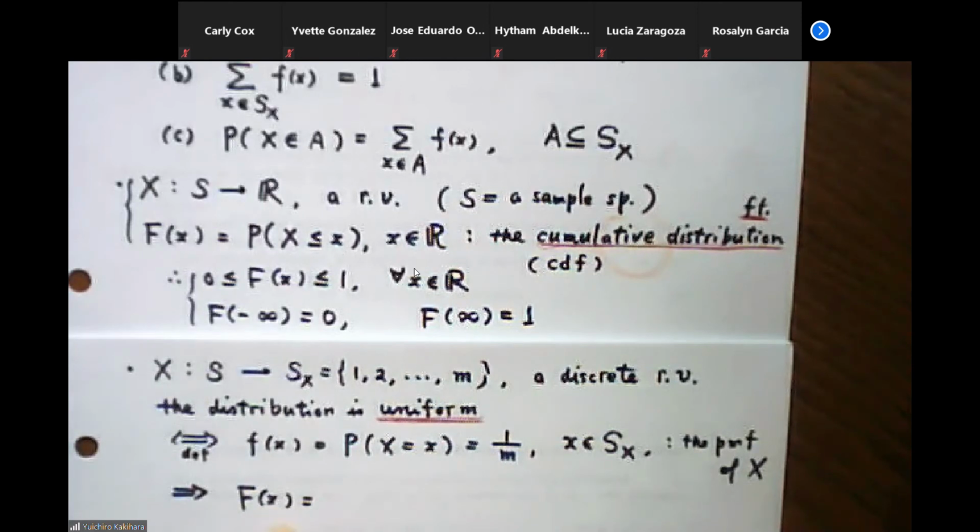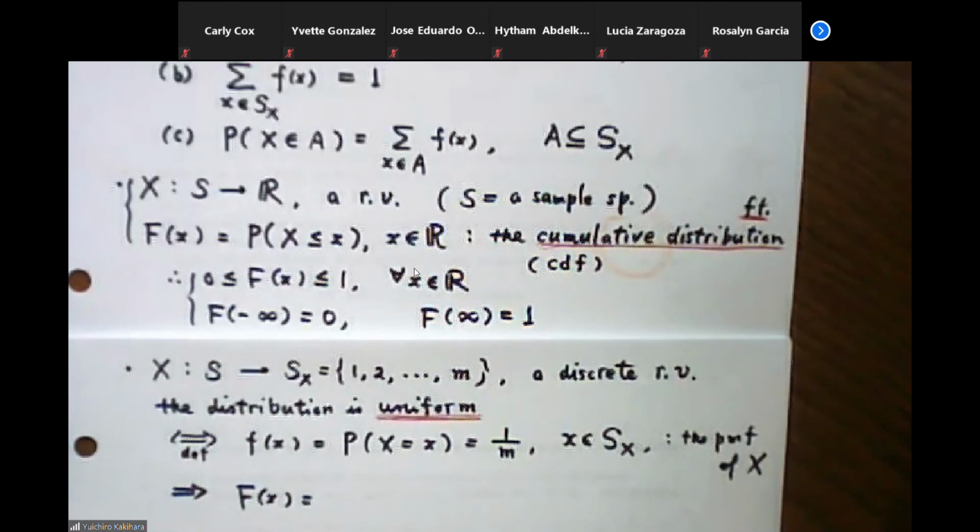That should be considered. When x is less than 1, what happens?